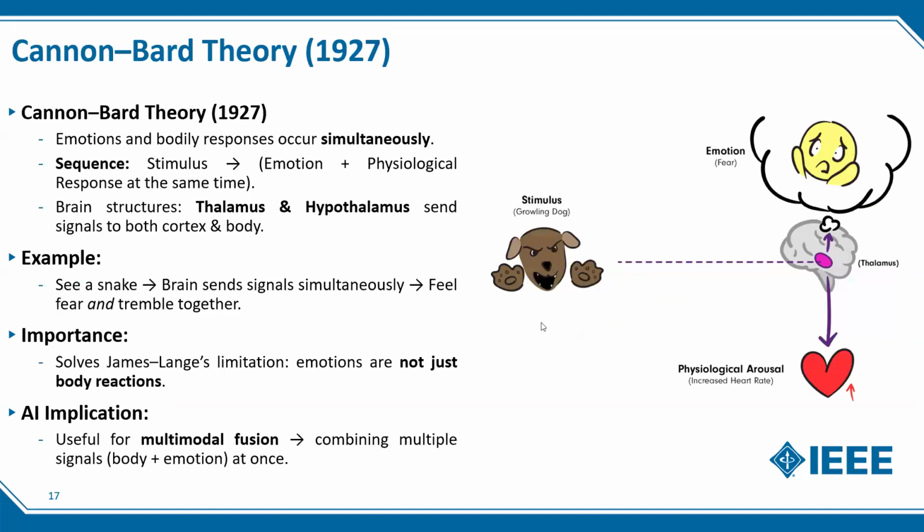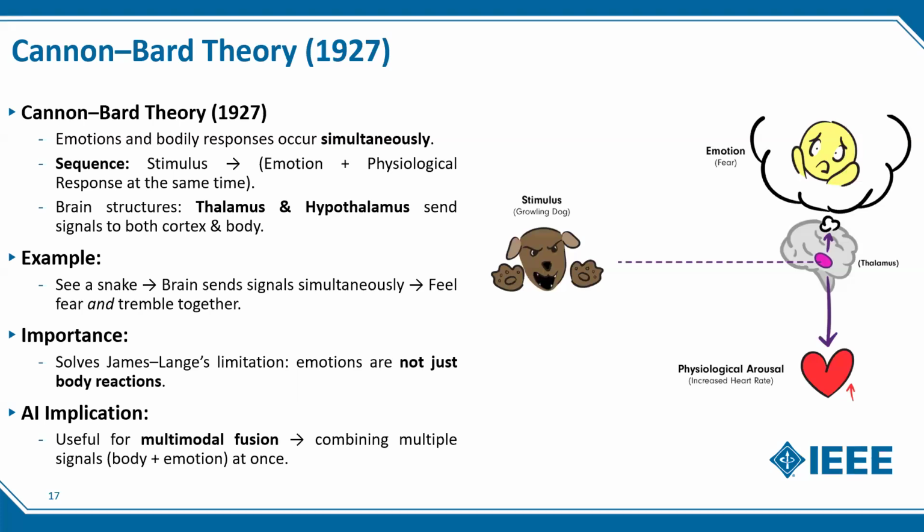The second one is the Cannon-Bard theory. Cannon-Bard says that emotion and physiological responses occur simultaneously and independently. These are the historical changes in the theory.